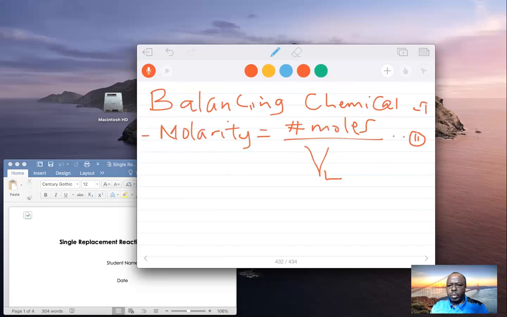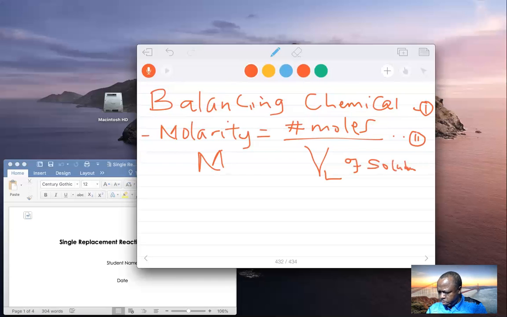Equations 1 and 2, balancing the equation, so that we know the mole ratio. Molarity, uppercase M, stands for the number of moles over the volume in liters of solution, not of solvent, of solution.